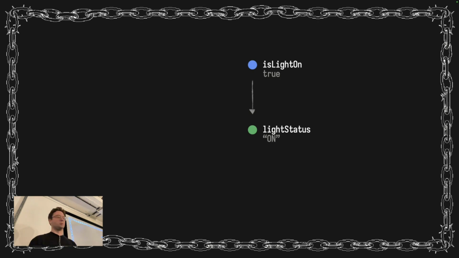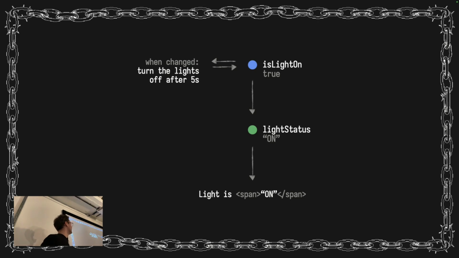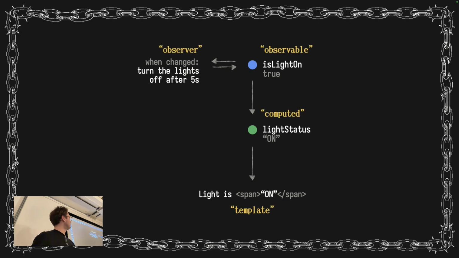So we have this Boolean variable, then we have the status, then we want to render it somewhere on the page. And when it changes, we have to set the timeout and then turn it off, right?